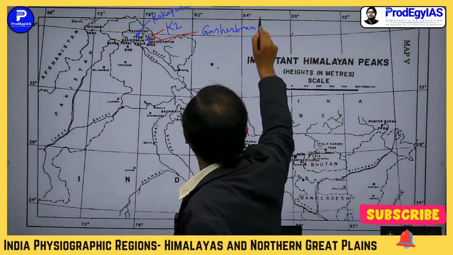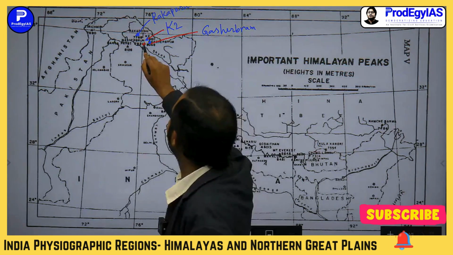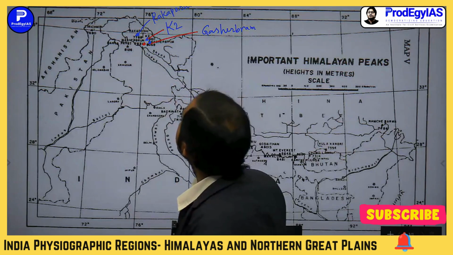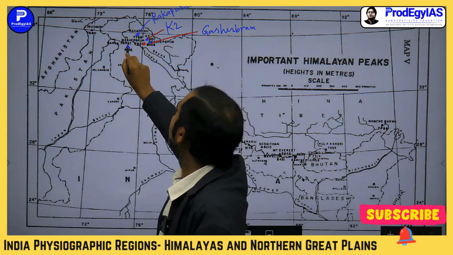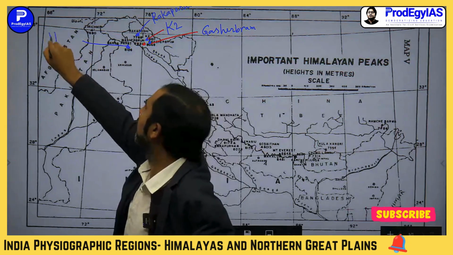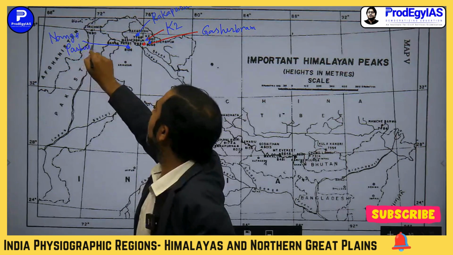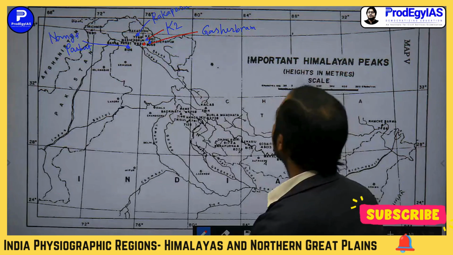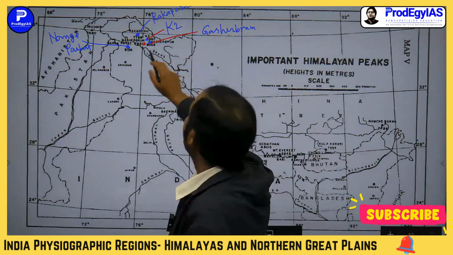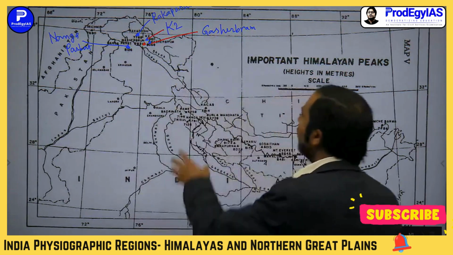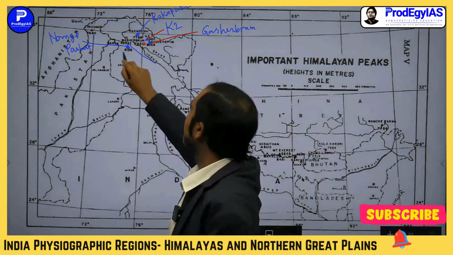Just nearby, not so important. Okay, this is Nanga Parbat, a very important mountain peak, Nanga Parbat. So Rakaposhi, K2 are important peaks, though Nanga Parbat lies in the Greater Himalayas.